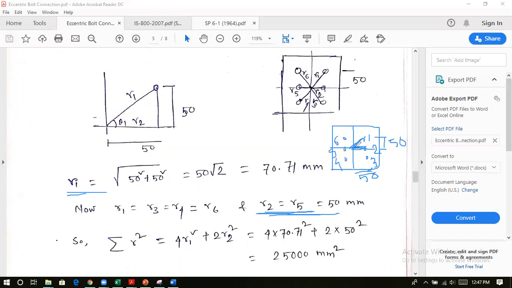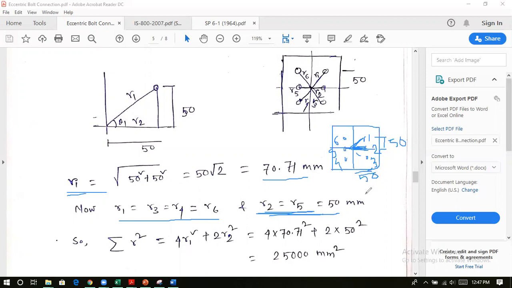Now the radial distances of number 1 bolt, number 3, number 4, and number 6 will be equal. So R1, R3, R4, R6 will be the same, and that value will be 70.71. And the radial distance of R2, bolt number 2 and bolt number 5, will be the same, directly equal to 50 mm.